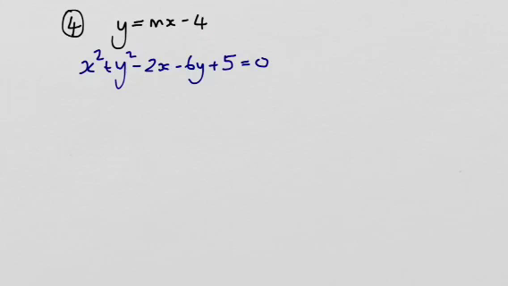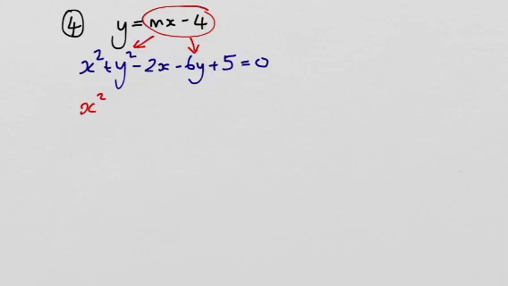Now question 4. This is going to test your algebra skills. We have the straight line y equals mx take away 4, and we have the circle x squared plus y squared minus 2x minus 6y plus 5 is equal to 0. Now if we're trying to find any place where lines and circles intersect, then we must substitute the line into the equation.